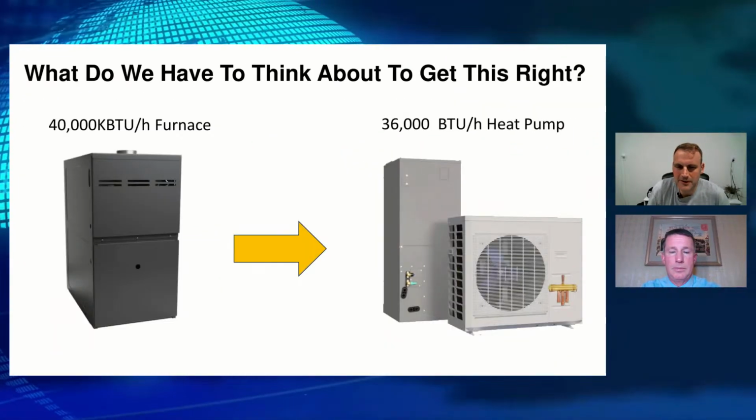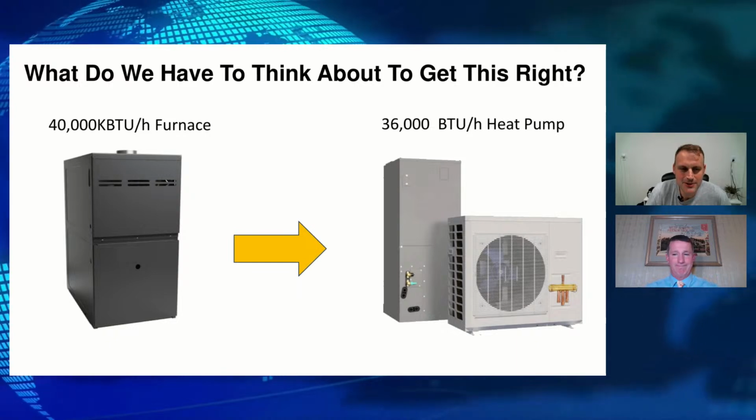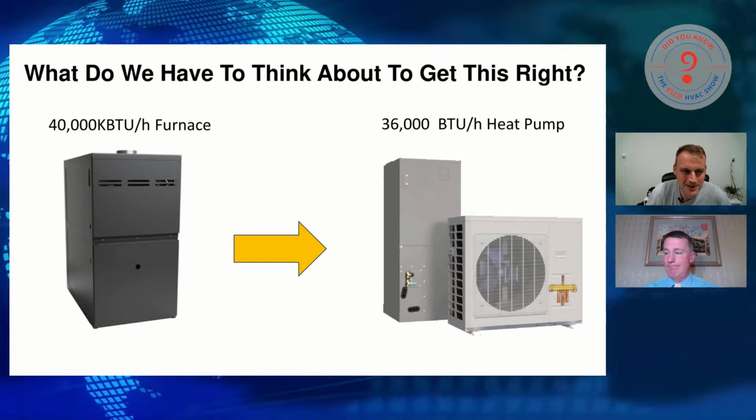But here's what I would ask. I've done quite a few designs, and whenever you're making a utility swap, meaning the infrastructure that runs that piece of equipment has changed.